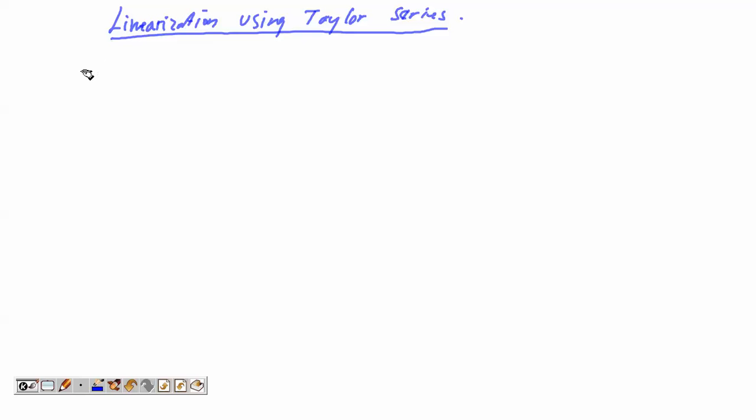Okay, so the fundamental of linearization is that the nonlinear equation can be assumed linear in the nominal steady state operating point.